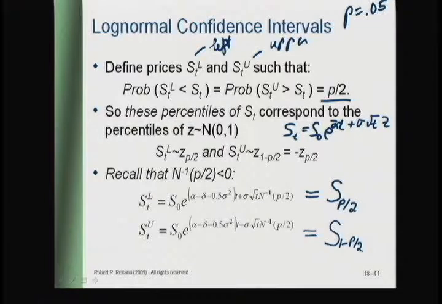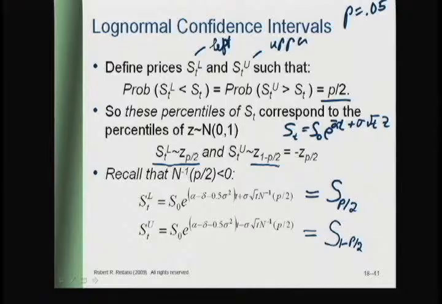So that when I want the p over 2 percentile for S, I use the p over 2 percentile for Z. Whatever that Z value is, that's the 2.5 percentile, say, that value in my formula will give me the 2.5 percentile value for S. Similarly, I want the 1 minus p over 2 percentile, and because of the symmetry of the normal, instead of using that value, I can just use the negative of the p over 2 percentile.